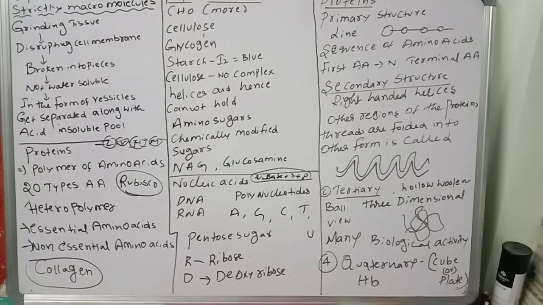Acidic amino acids, basic amino acids, and neutral amino acids, according to the position of the R group. Another important thing is the bonds, which will be discussed in the coming class. What are the bonds? What is a peptide bond? A glycosidic bond? What is an ester bond, and between which kinds of compounds are ester bonds present?